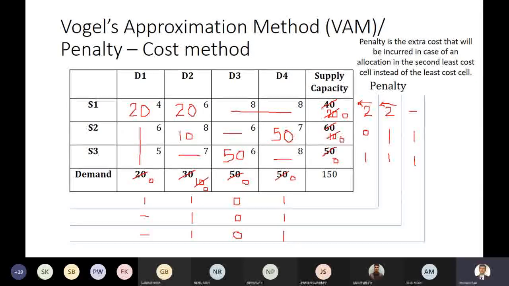Now my total cost of allocation in this particular case will be how much? हमको same allocations मिले जैसे हमको least cost cell में मिले थे. Correct? Yes, sir. So that means total cost of allocation will also be the same. How much it is? 9. 30.